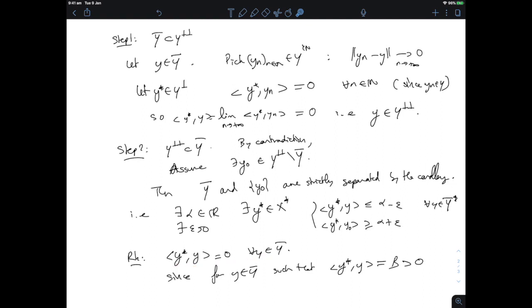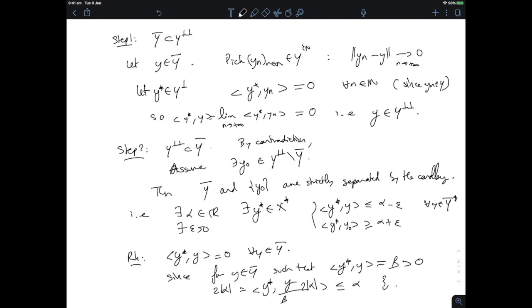Then you can find a y, either the one you just found or minus the one you just found, such that this duality product is something strictly positive. Now, once you've found that, all you have to do is take y star comma y divided by beta to make this 1, and then let's multiply it by 2 absolute value of alpha, let's say. If you do that, you're going to get something exactly equal to 2 absolute value of alpha, but in the meantime it has to be smaller or equal to alpha, in fact even alpha minus epsilon, and that's a contradiction.